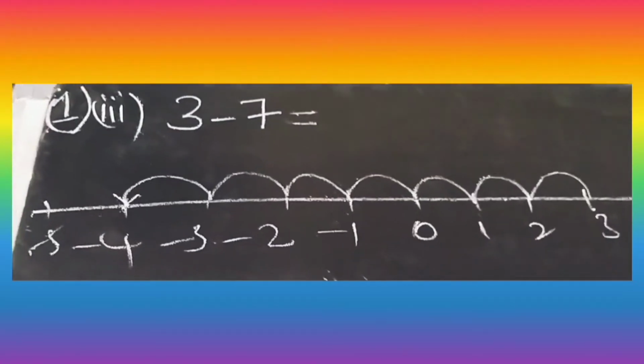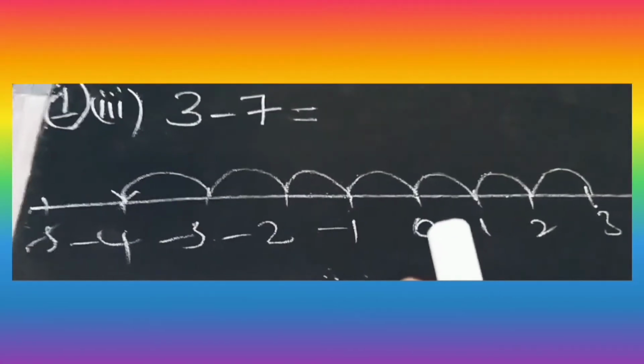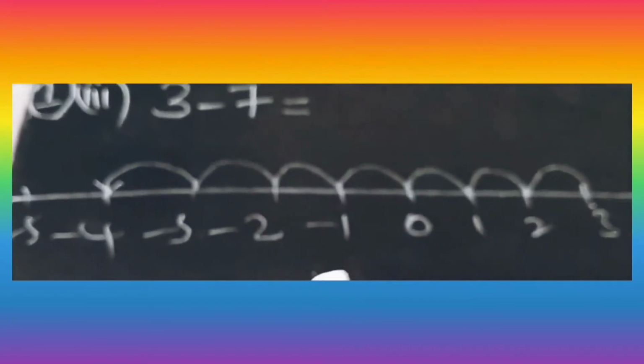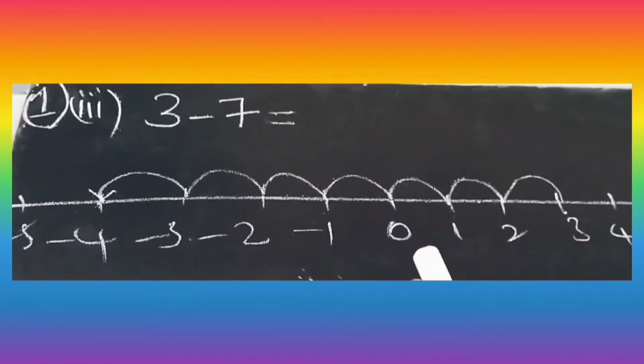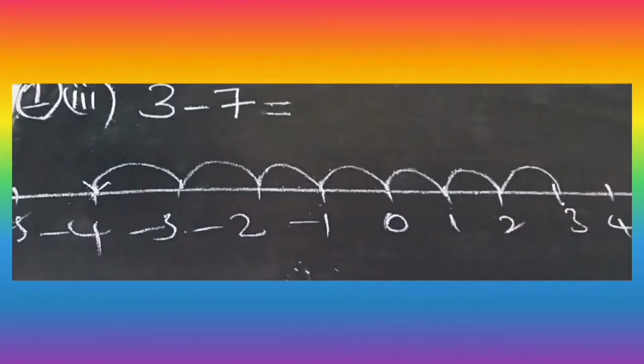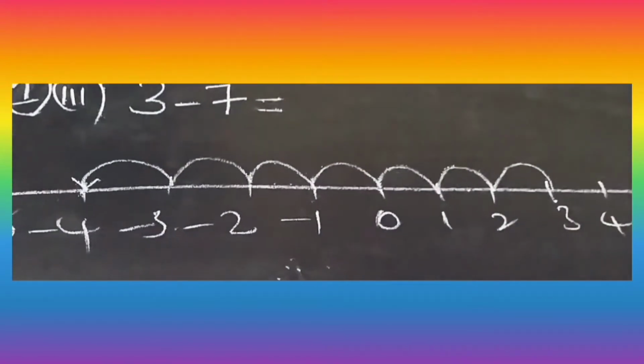First bit, third sum is 3 minus 7. You have to represent this again on the number line. So we are drawing a number line. Again we are taking positive numbers on the right side and negative numbers on the left side.